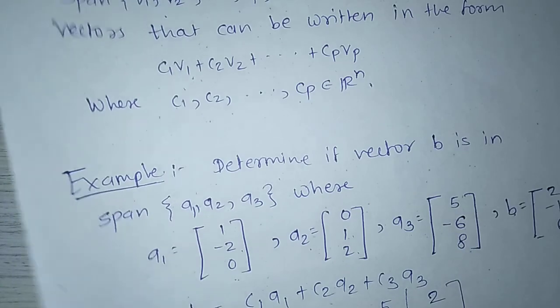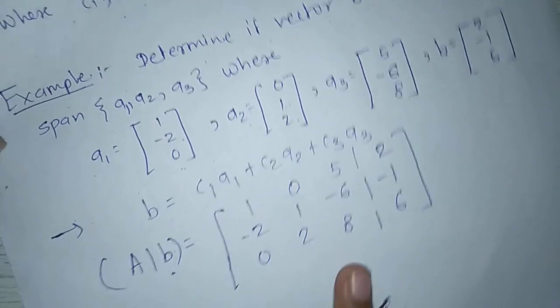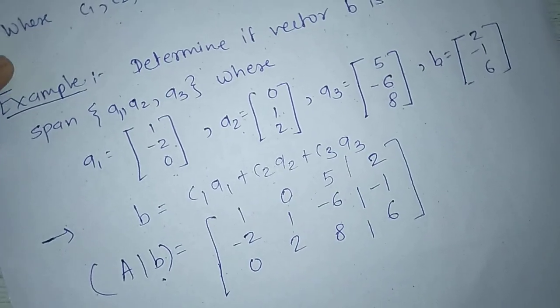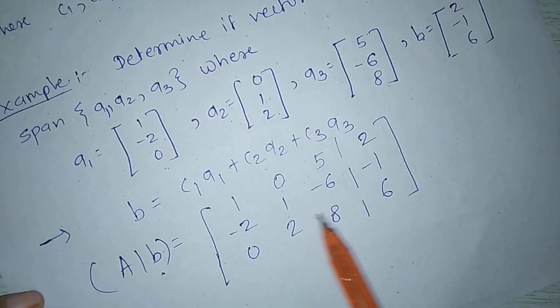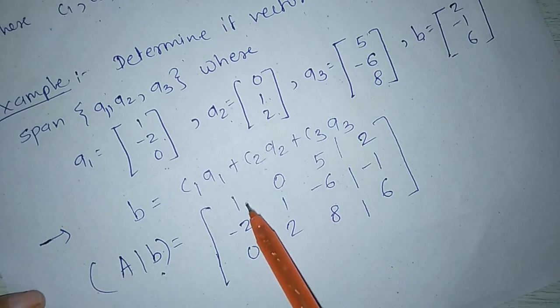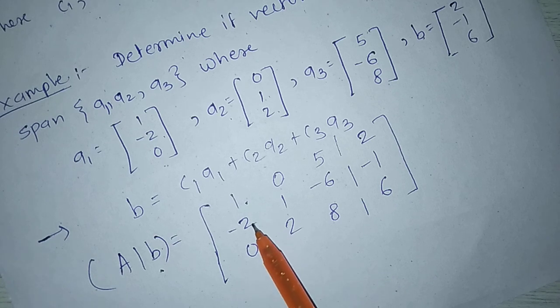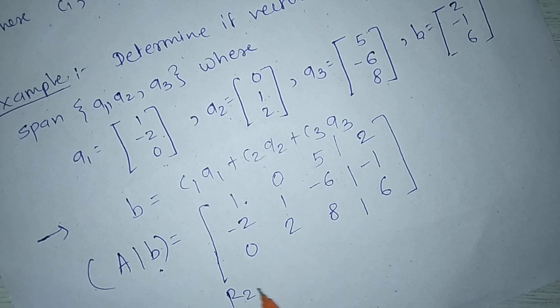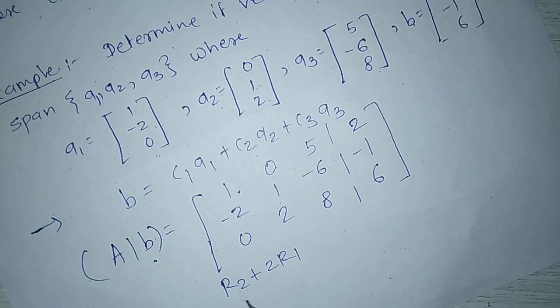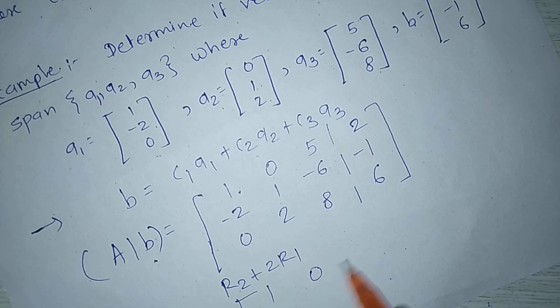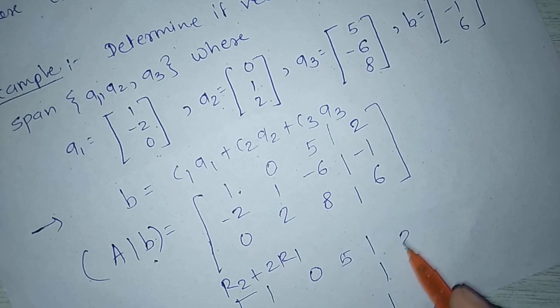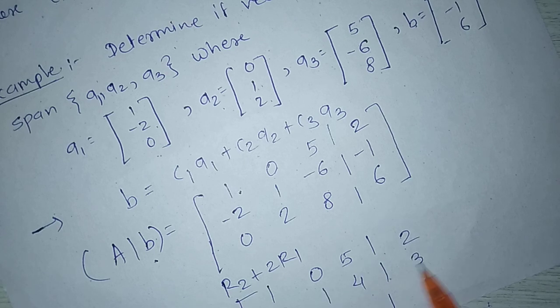Now apply row operations to reduce this matrix to row echelon form. The first pivot element is 1. To make the element 0 below the pivot element, applying row operation R2 plus 2R1, we get the first row as it is, second row 0, 1, 4, 3, third row as it is.